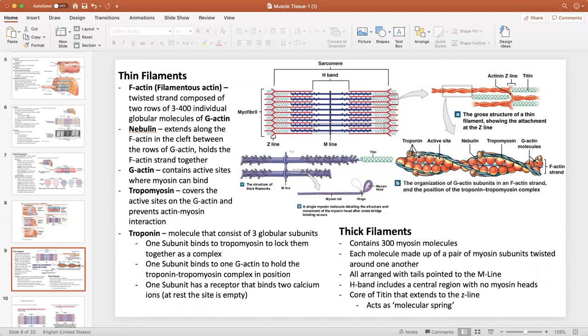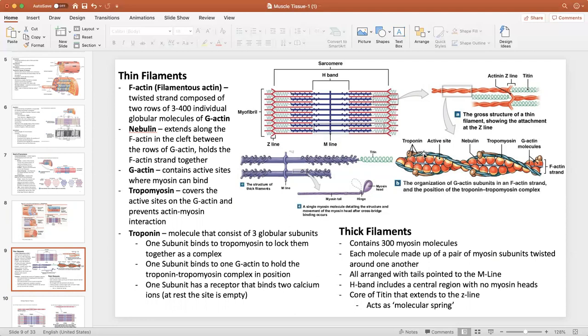And then we have little units, 3 subunits as part of this troponin. So we have one subunit that binds to the tropomyosin that locks them together, and then we have one subunit that binds to the G-actin molecule, and then we have one subunit that receives calcium.